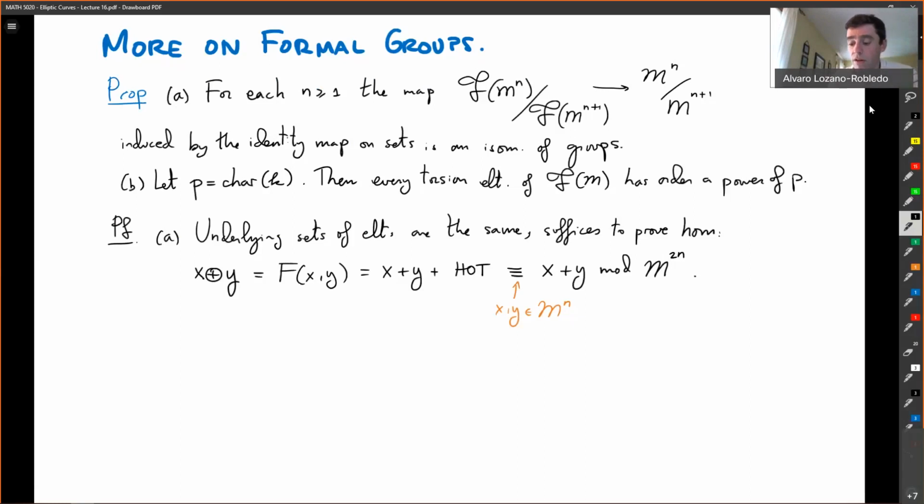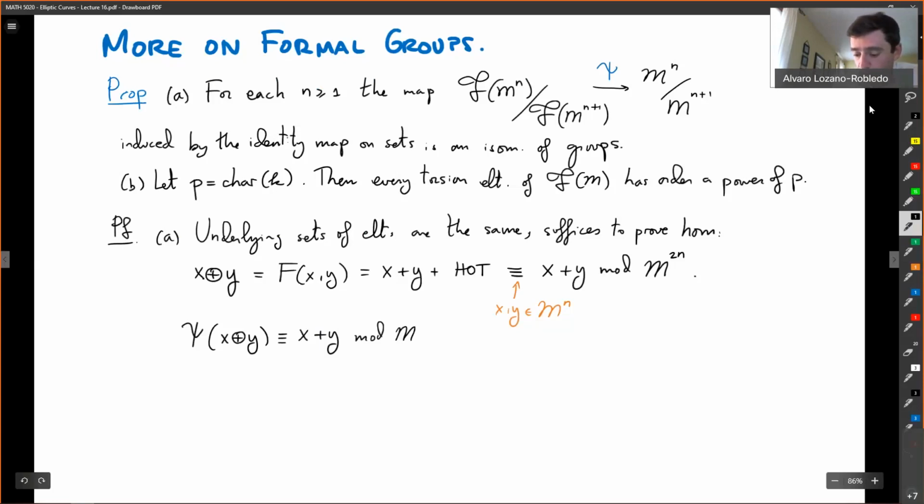Actually, if we give this map a name, this is just saying that psi of x plus y is x plus y modulo m to the n plus 1. Okay, so it is a hom, and then it's easy to see that that is also an isomorphism because the sets are the same. Okay, great.